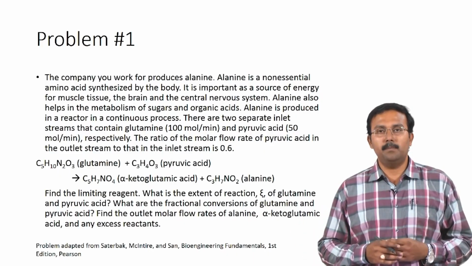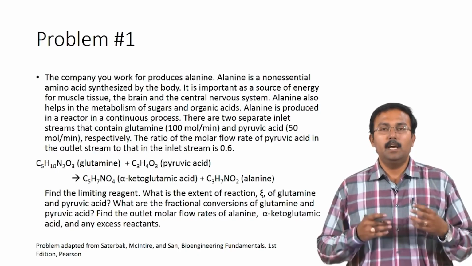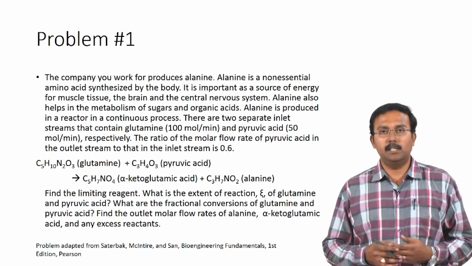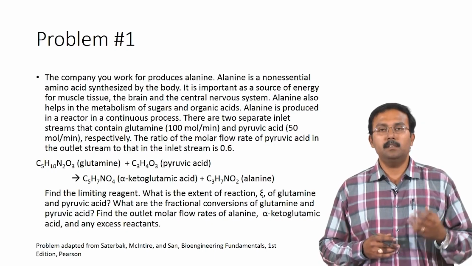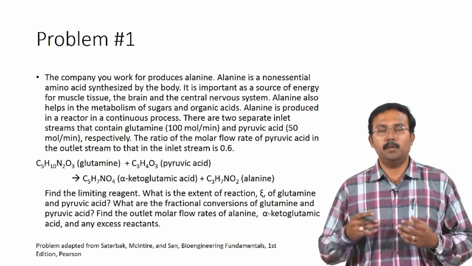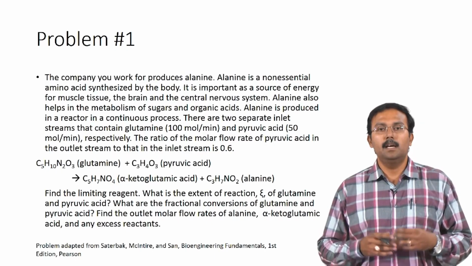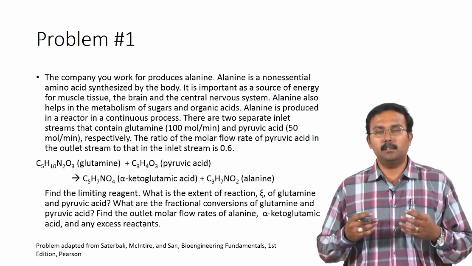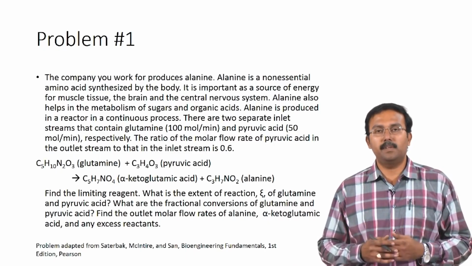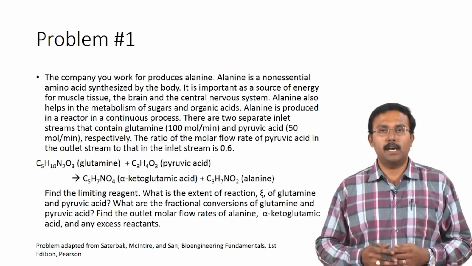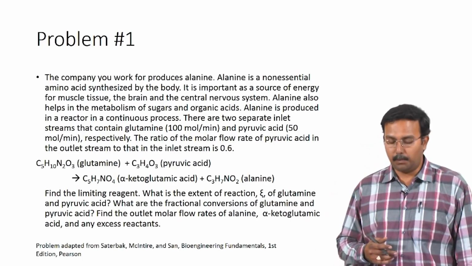So using this information we now need to calculate how much of pyruvic acid is actually consumed, what is the conversion, how much of glutamine is consumed and what is the conversion based on glutamine, and we should also calculate the composition of the exit streams and the extent of reaction. Let us go ahead and try to solve this problem.